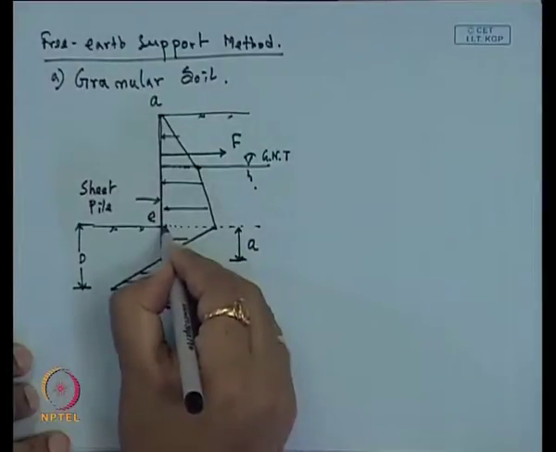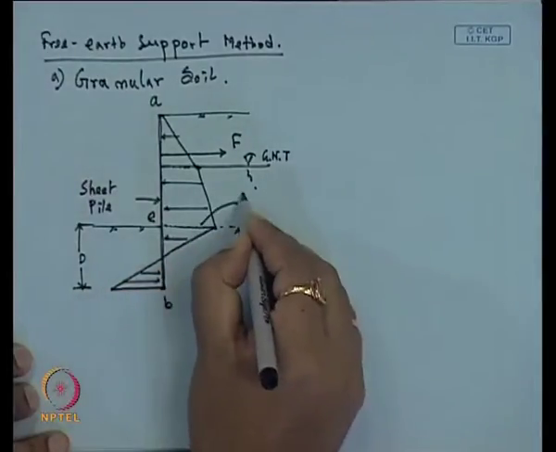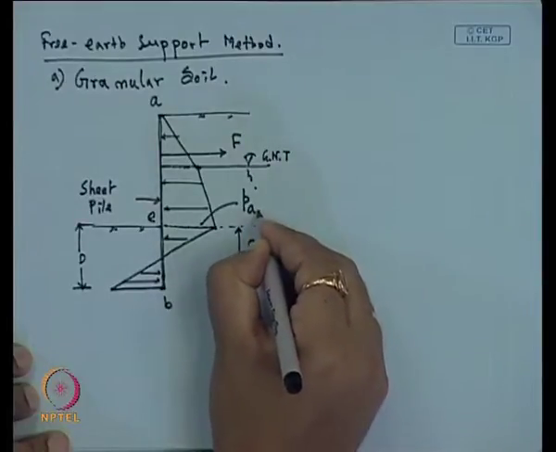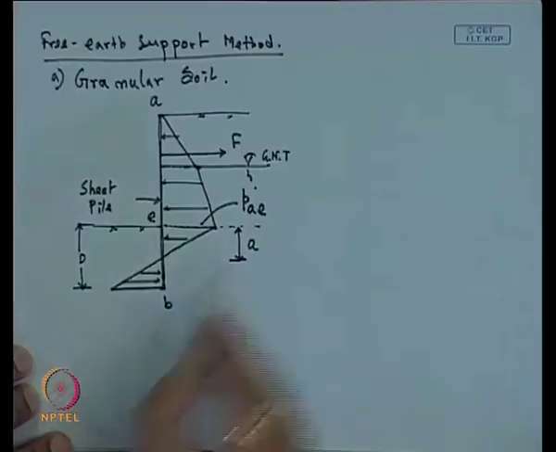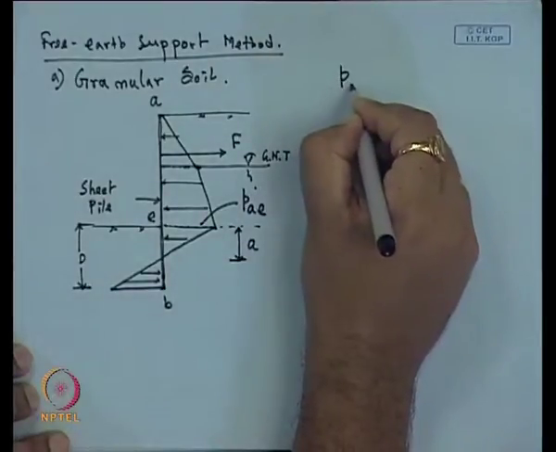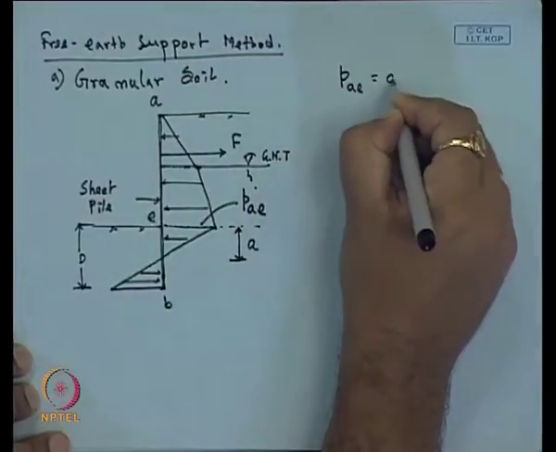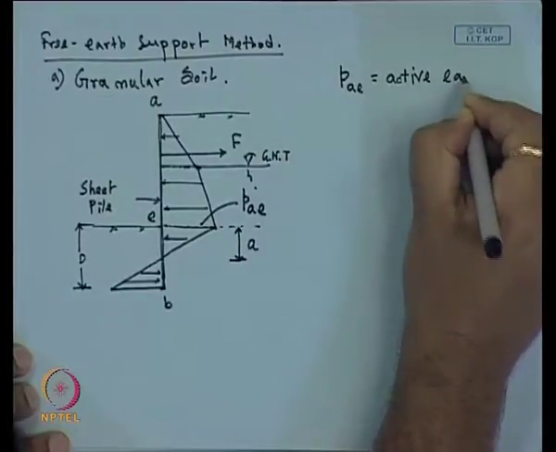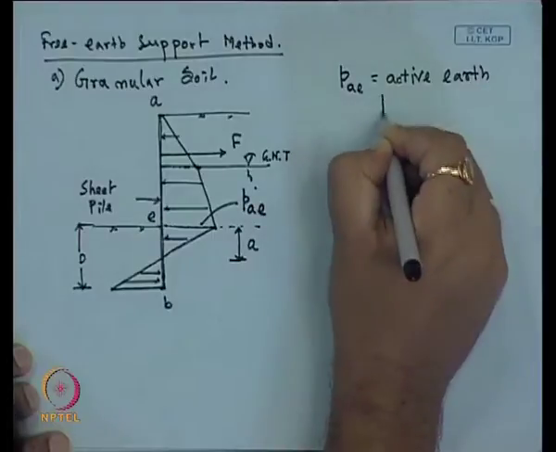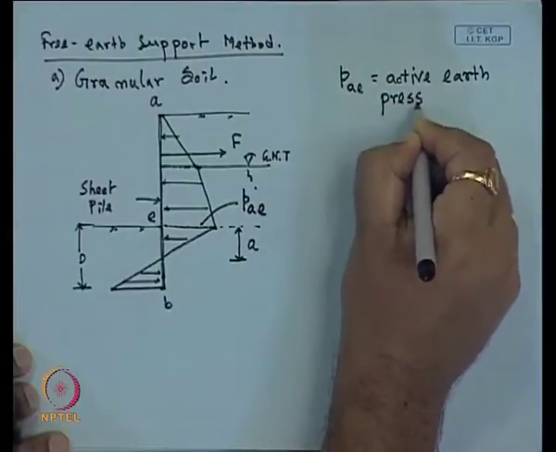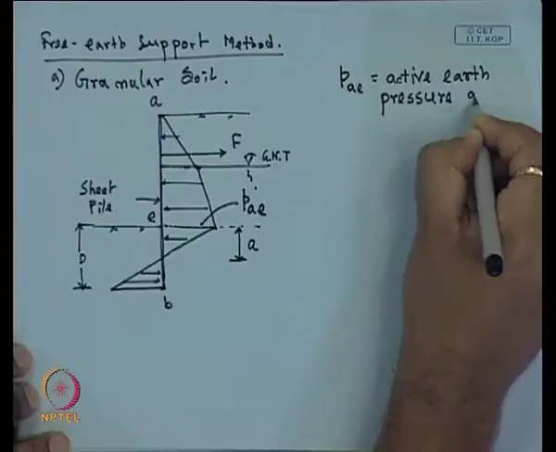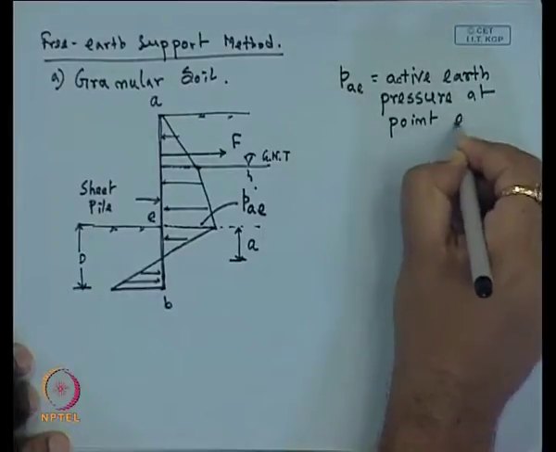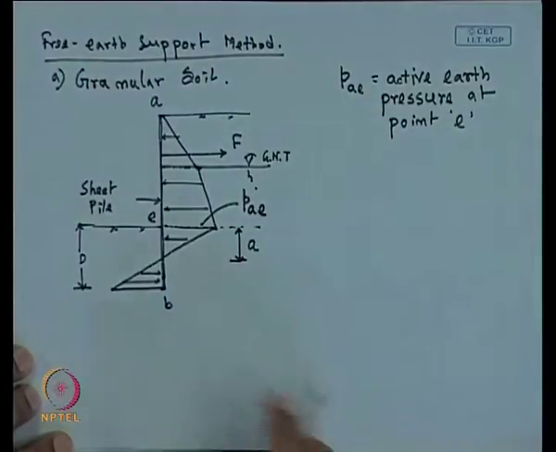Now, the earth pressure at this level is P_A E, the active earth pressure at point E, or at level E. E is this point.